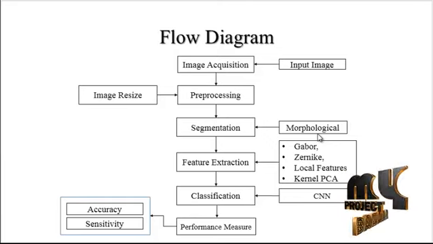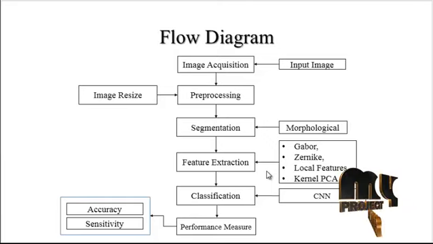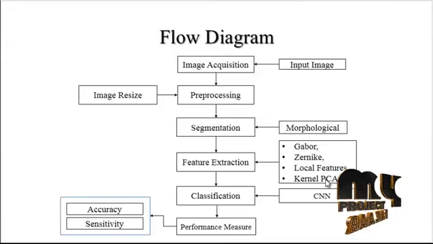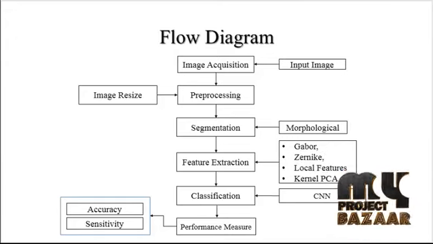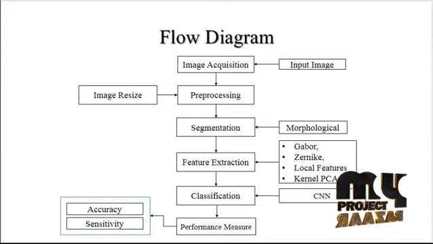Feature extraction is nothing but the collection of data. We are using feature extractions like Gabor features, GLCM features, local features, and kernel PCA to extract the features from the images. After extracting these four kinds of features from the image, we move to the classification step.